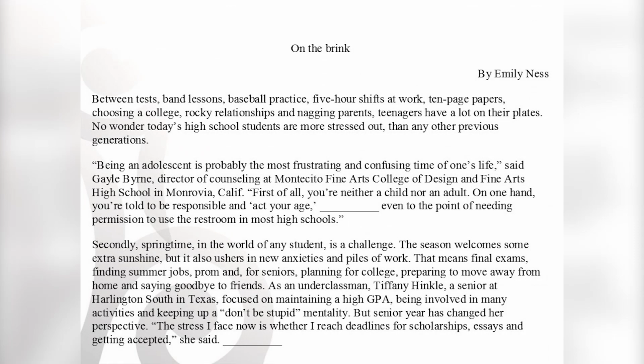This is the text which learners get as a result of their work. The title is On the Brink by Emily Ness. You can easily find this text on the internet. As you can see, there are several paragraphs here with gaps.